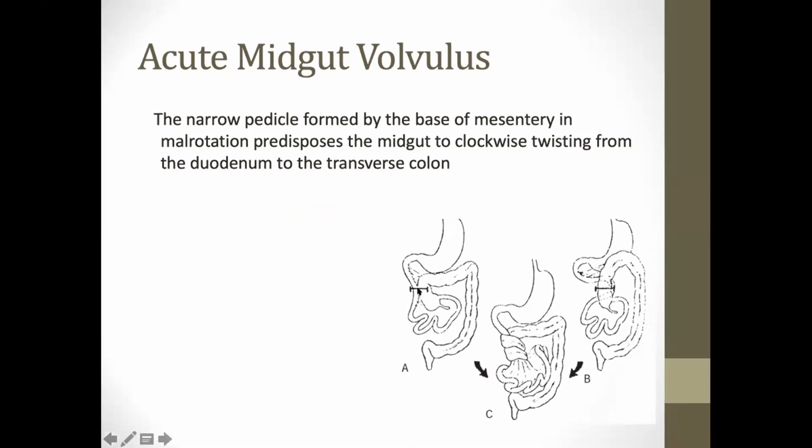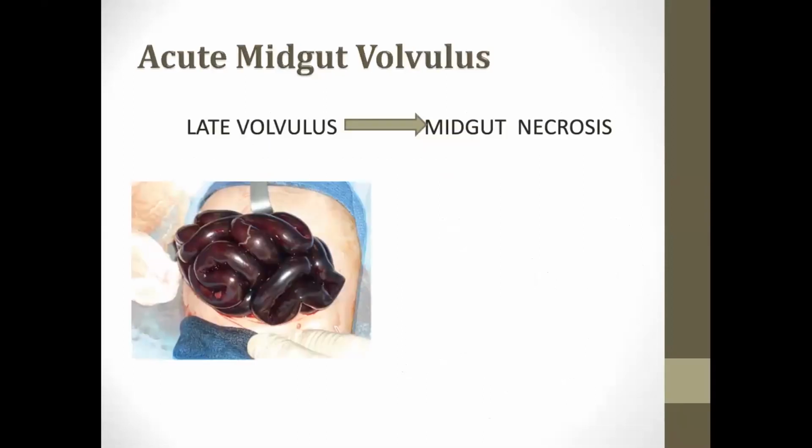Here, the base of the mesentery is narrow, so the stability of the midgut will be affected. For that, this patient is prone to twisting, and volvulus may occur. This volvulus will obstruct the main vessel, the superior mesenteric artery. If the diagnosis is late, we will lose the whole midgut due to midgut necrosis.